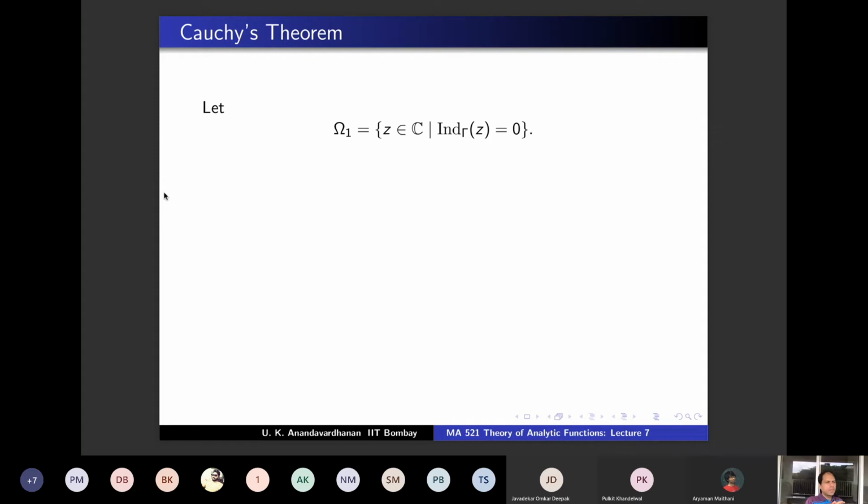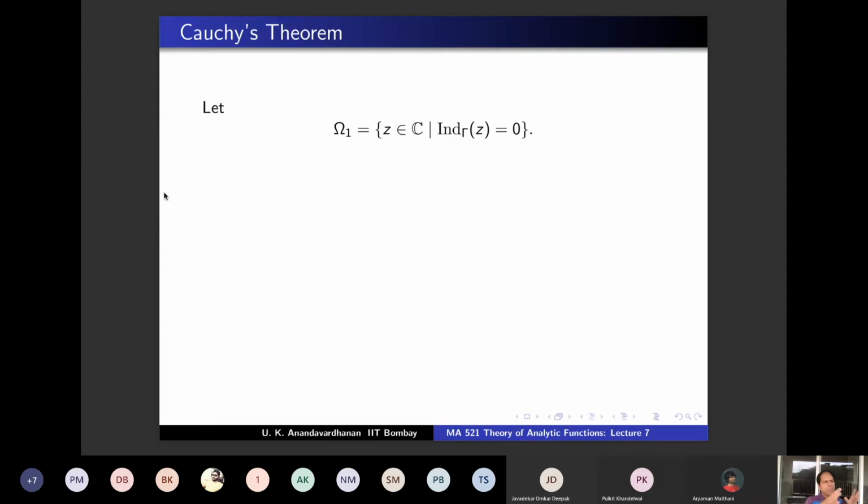Try to visualize this. Suppose gamma is the unit circle. What are the points in omega 1? Everything outside the disk, right?